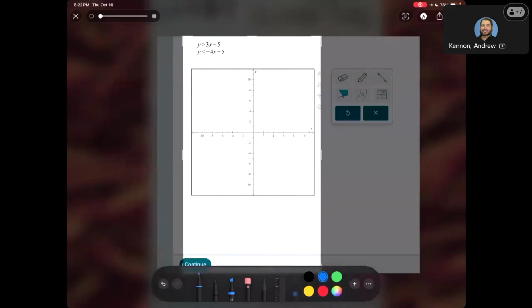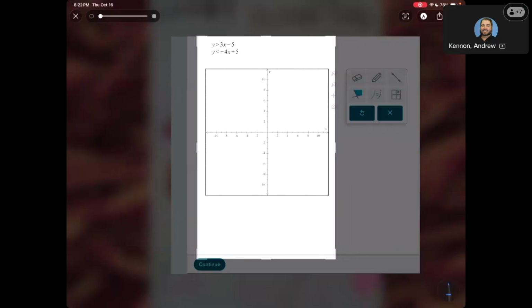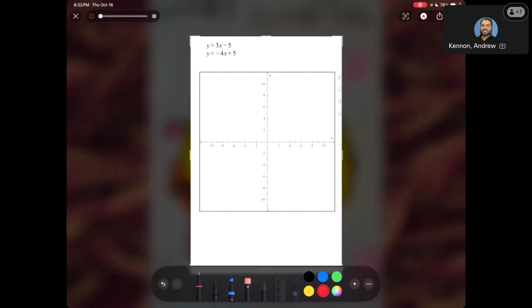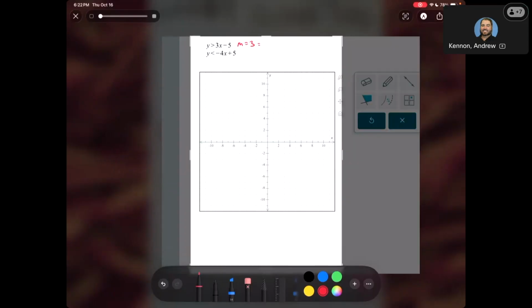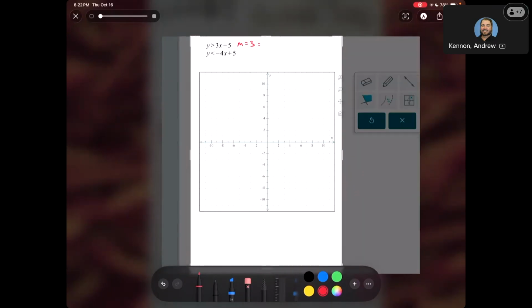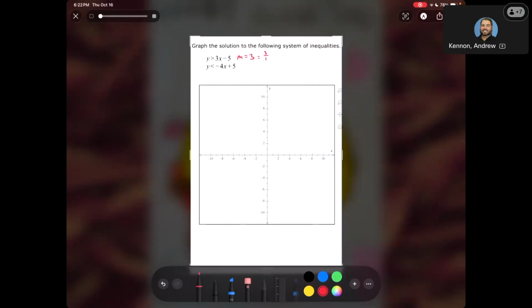All right, so on the first one, my slope is 3, which is 3 over 1, so that is up 3 to the right 1, and my y-intercept is at negative 5. So I start at negative 5, it's up 3 to the right 1, so I go right here.